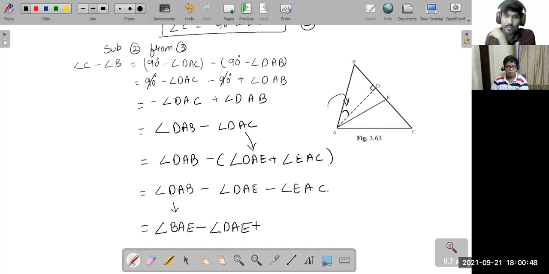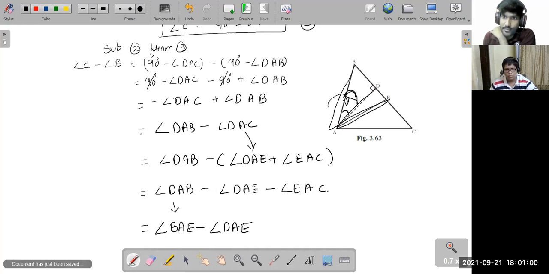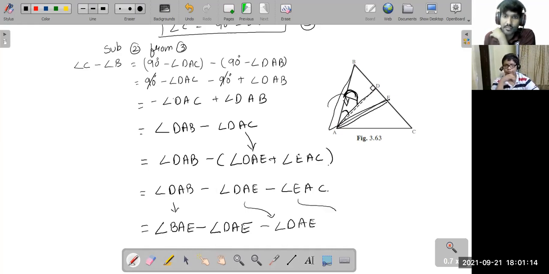Do you understand this? This entire angle minus this angle will give you this one, that is DAB. Yes, I understand. Remaining, I'll write it as it is.